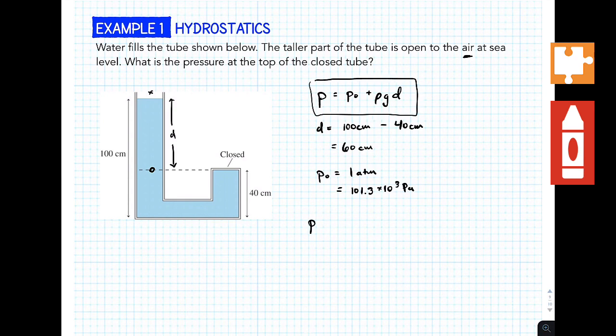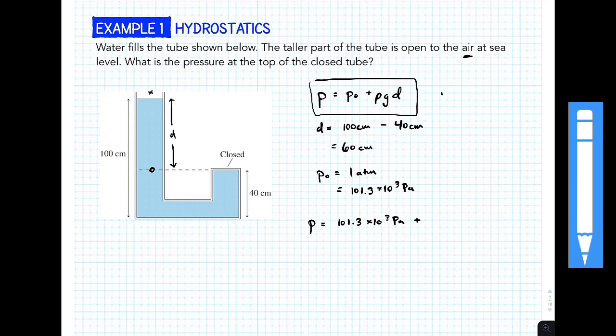So our total pressure is going to be 101.3 times 10 to the third pascals plus rho. Rho is going to be the density of water. And the density of water, just as a reminder, is 1,000 kilograms per meter cubed. So a nice, easy number to remember.